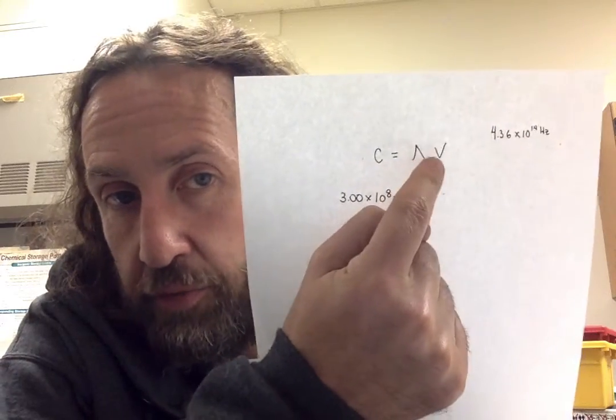And so now we're plugging in here, and what we have is the wavelength times 4.36 times 10 to the 14th hertz, and it's easy. You just divide both sides by 4.36 times 10 to the 14th hertz.